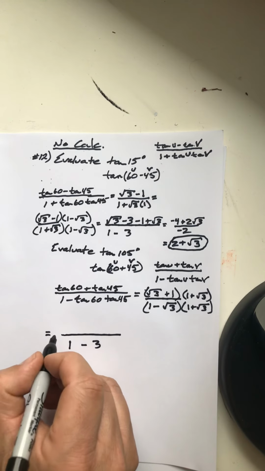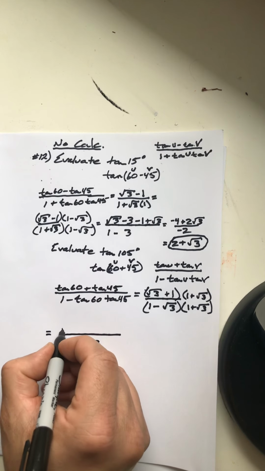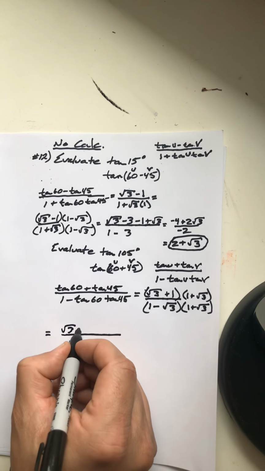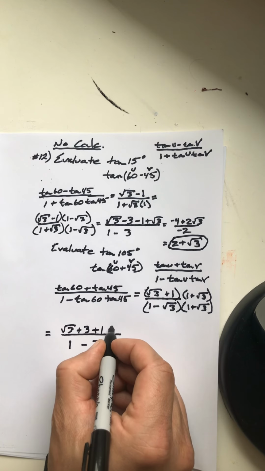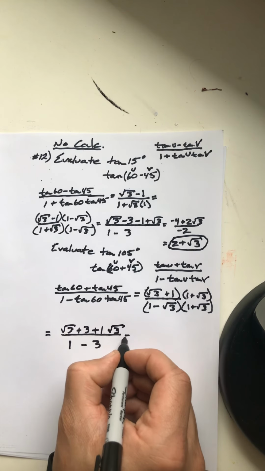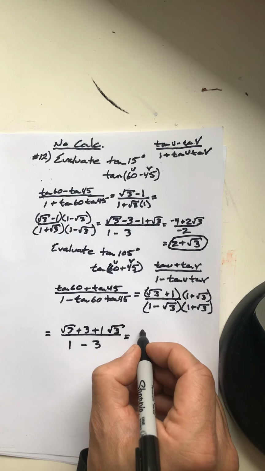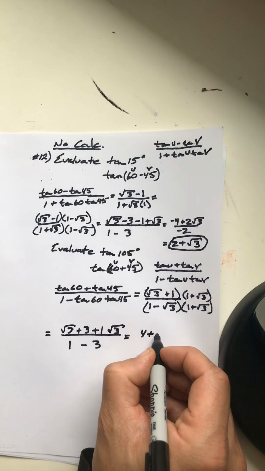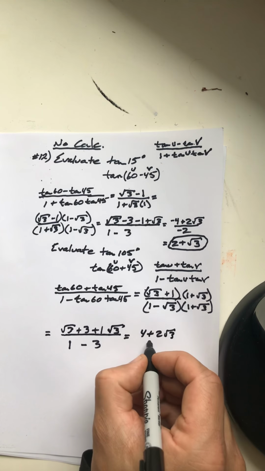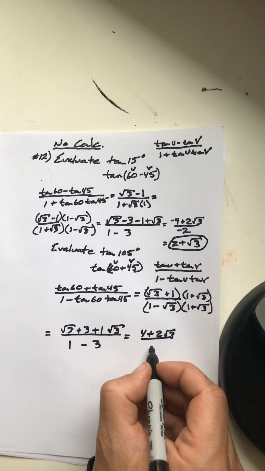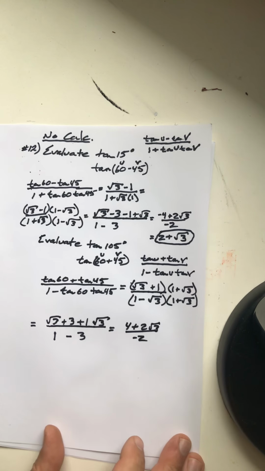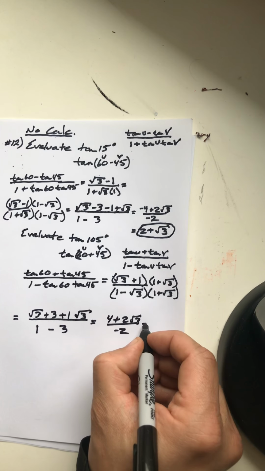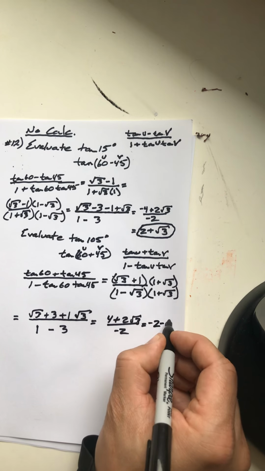And the numerator, foiling things together, radical 3 plus 3 plus 1 and radical 3 from the last. Ultimately simplifying to 4 plus 2 square root of 3 all over negative 2. And do your division to get your final answer, which is negative 2 minus radical 3.